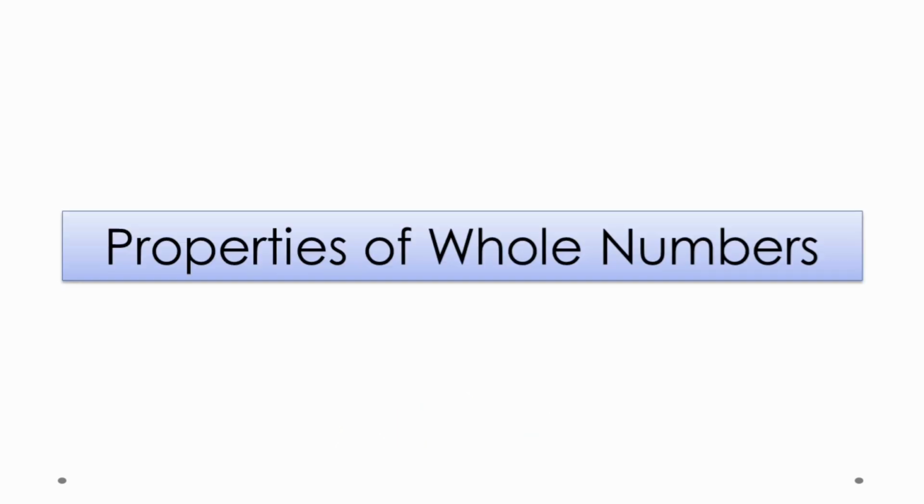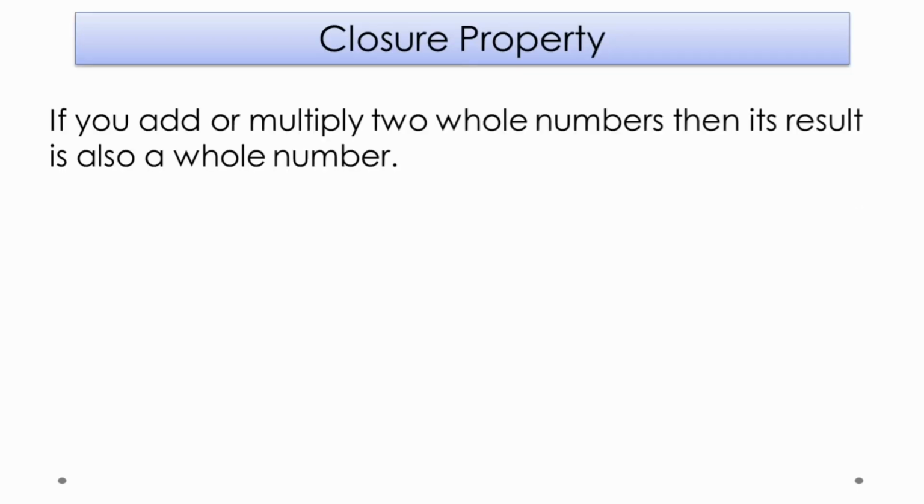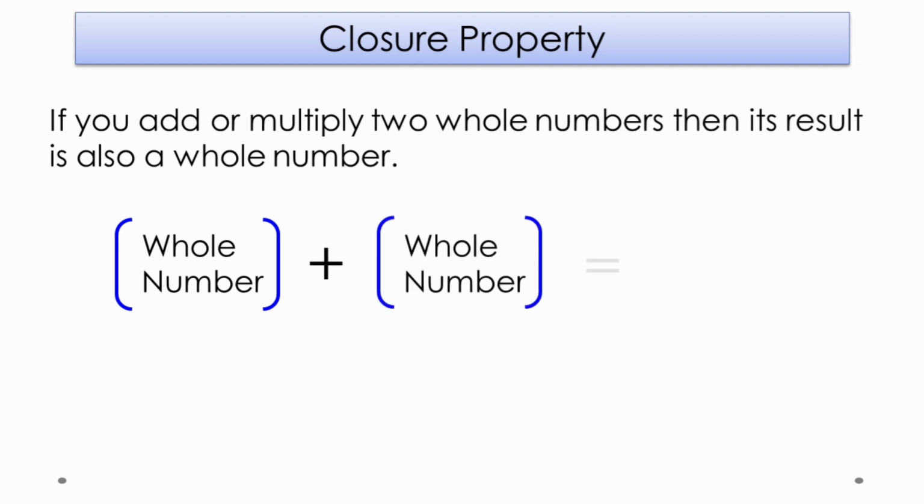Now it's time to understand the properties of whole numbers. The first property is closure property. If you add or multiply two whole numbers, then its result is also a whole number. That is, whole number plus whole number is equal to whole number.